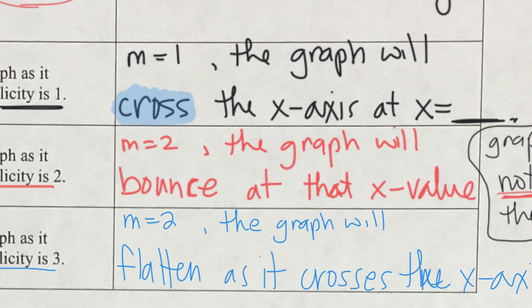So our 3 vocabulary words to describe behavior are cross, bounce, or flatten. We cross if it has a multiplicity of 1, we bounce if it has a multiplicity of 2, which means it does not cross, or it flattens if we have a multiplicity of 3.